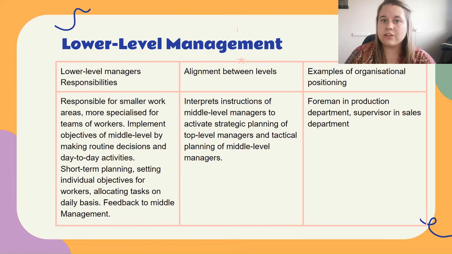But your lower level managers are looking more at your day-to-day routine work, and that will contribute to the end goal, but they also deal with the day-to-day issues and problems that arise that the middle level managers most likely won't come across. And should an issue not be able to be handled by the lower level managers, that's when the middle level managers will get involved.